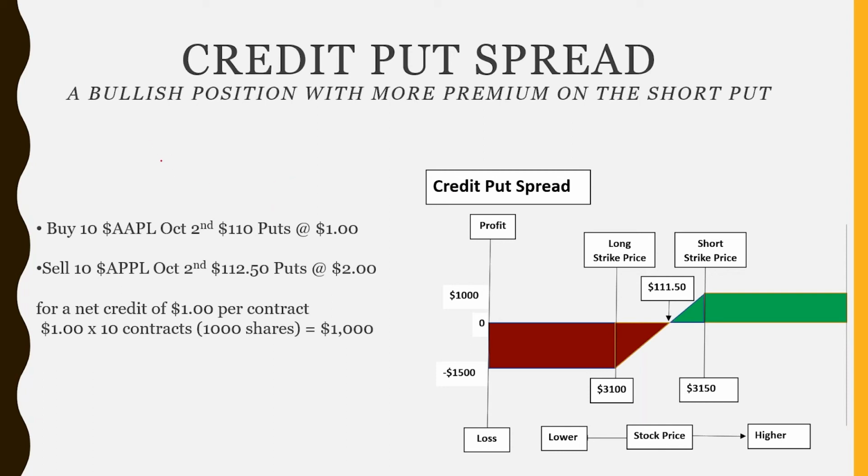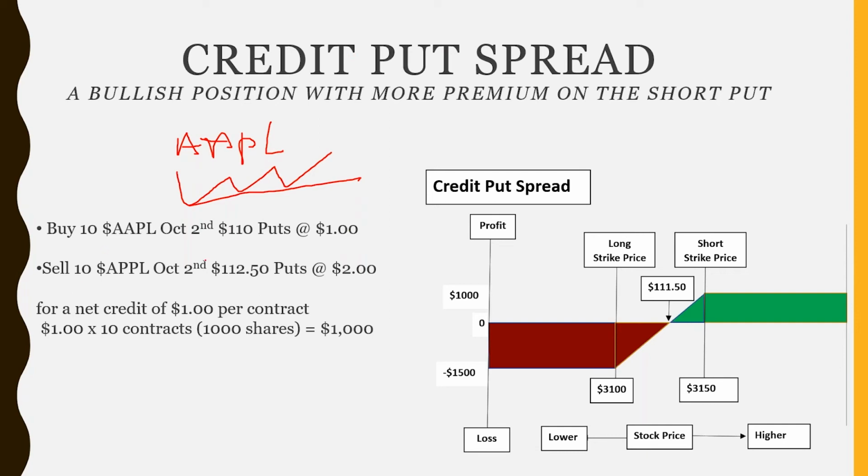Okay, for example, this is Apple stock, and then we take a credit put spread.